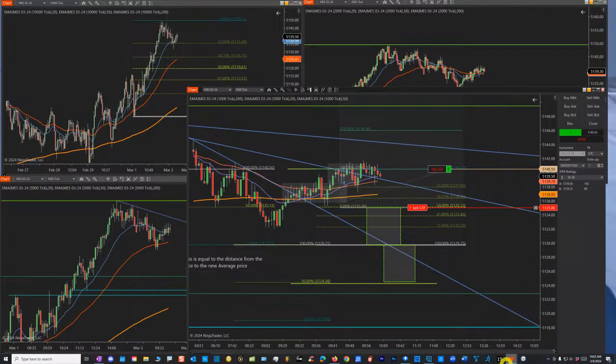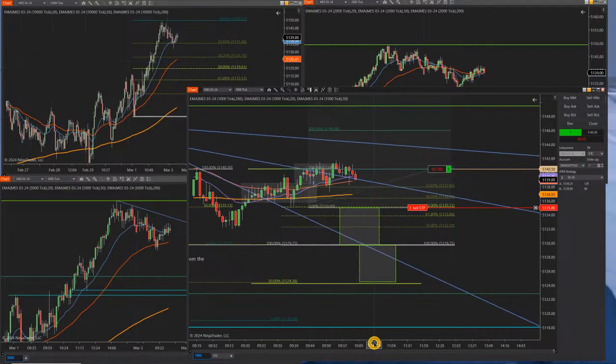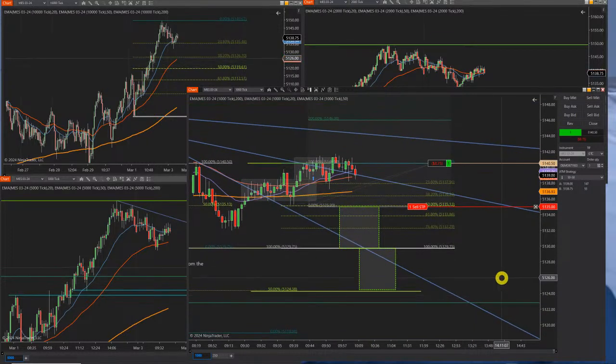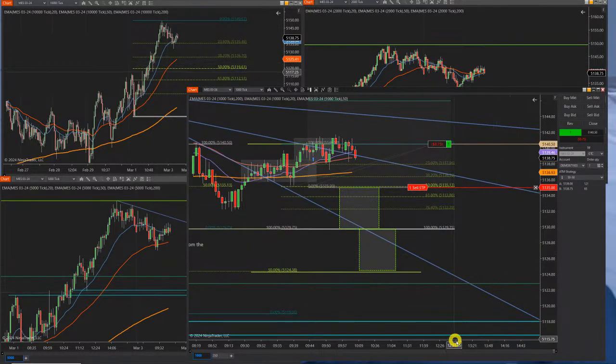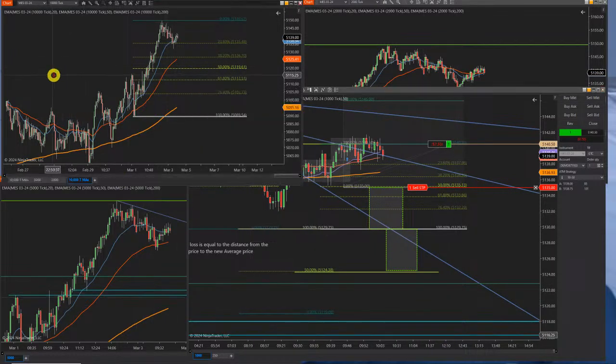All right, so the silver bullet is now. We're in the silver bullet moment, 10 to 11 a.m. Eastern Time, New York City. Let's see what it wants to do. It's choppy and slow. That's not a good thing.